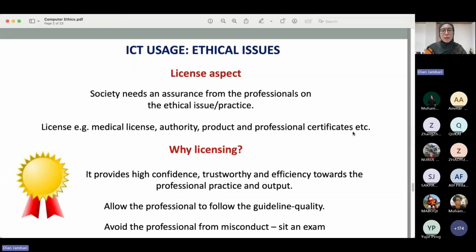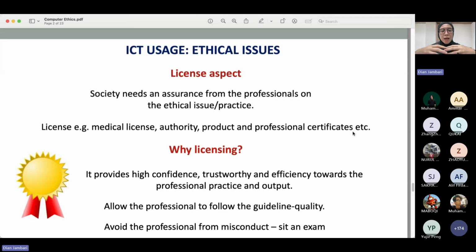Next, we looked at the aspect of ICT usage, ethical issues in terms of license. So the rights, out of the four, we know that there is rights, which means authority to use the ICT. So authority to use the ICT is very closely related to license. Okay, so why do we need license?